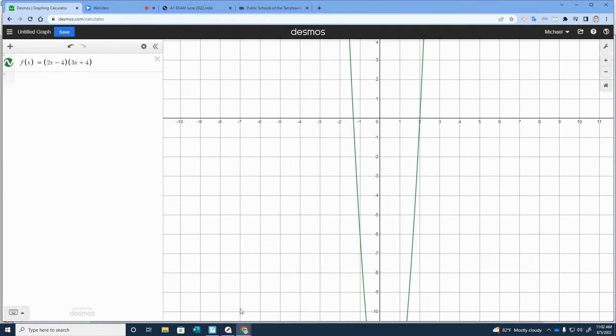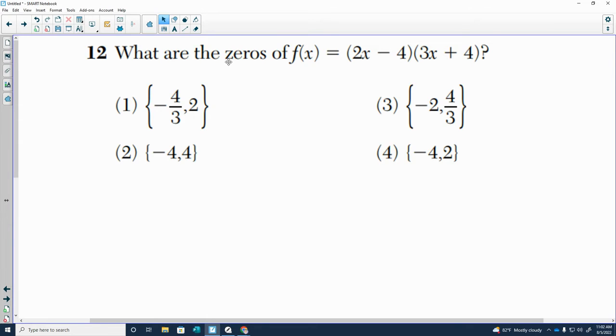Now, if we go back to the question, it's asking about the zeros. When you're asked to find the zeros of a quadratic function, it's really saying, what are the values of x of this parabola when the y, or the f of x, this whole thing, is equal to 0?